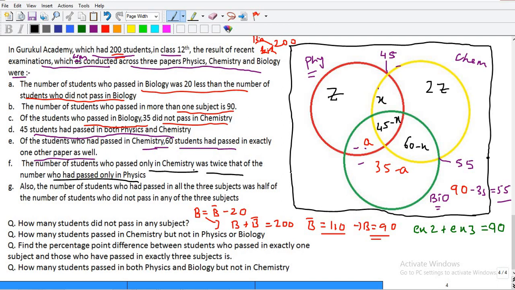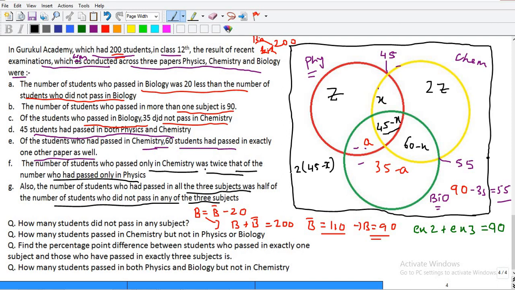Also, the number of students who had passed in all the 3 subjects was half of the number of students who did not pass in any of the 3 subjects. That means this number 45 minus x is half of the number who did not pass in any of the 3 subjects. So this number on the outside should be twice of 45 minus x.